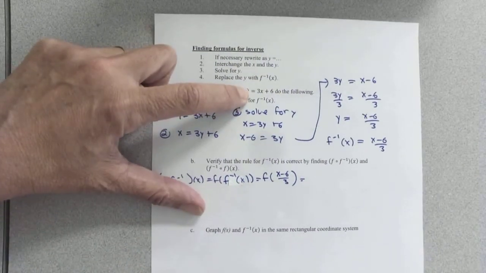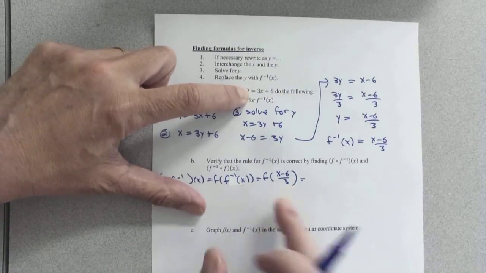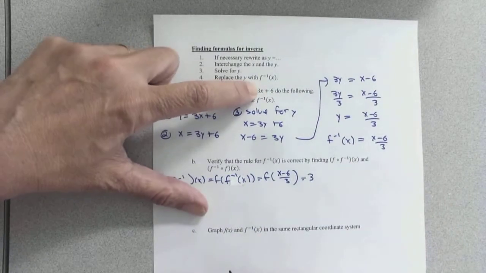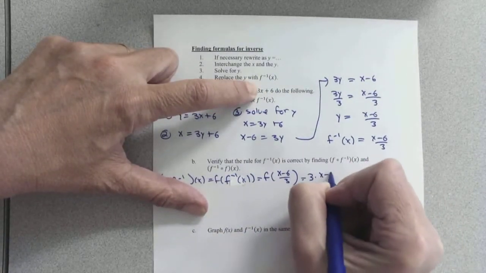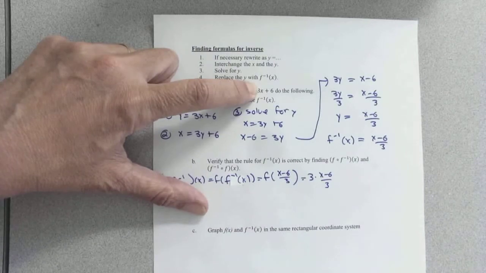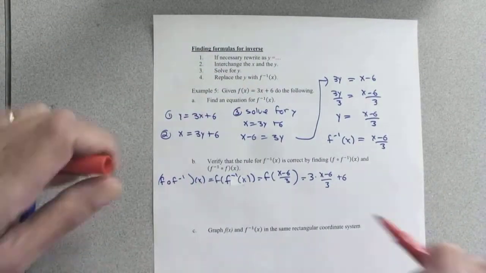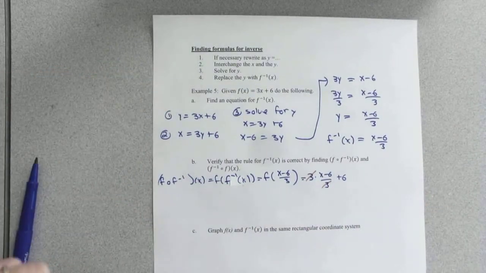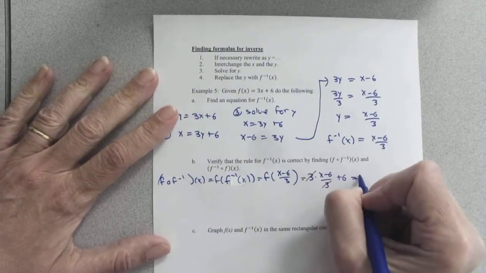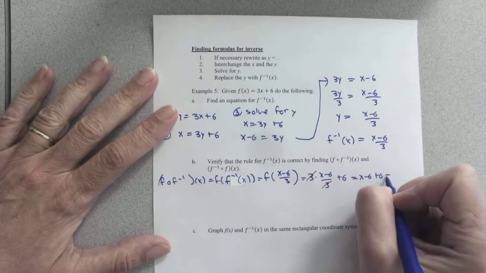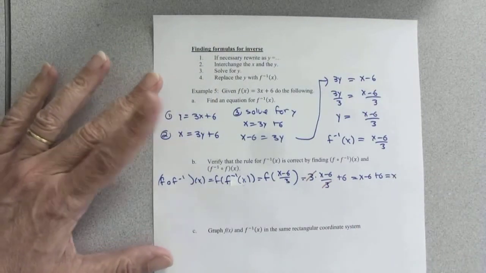Then apply f's formula, but replace the x with what I have in parentheses. So I keep the 3, I get to the x, I do the replacement, and then the plus 6. And lickety-split, the 3's cancel. So I get x minus 6 plus 6, which is x, which is what I wanted to see.